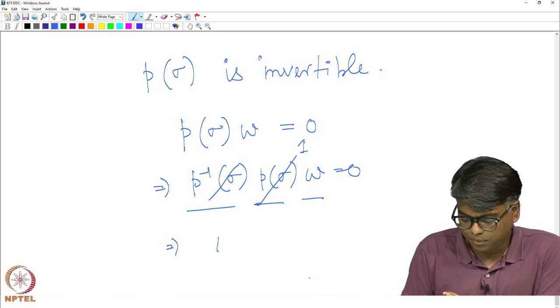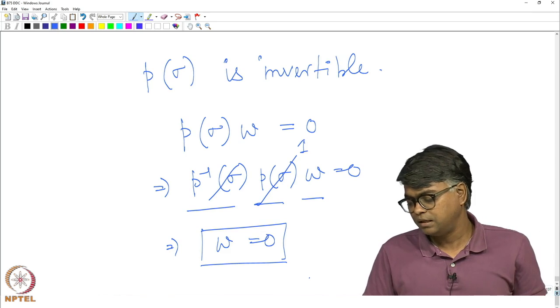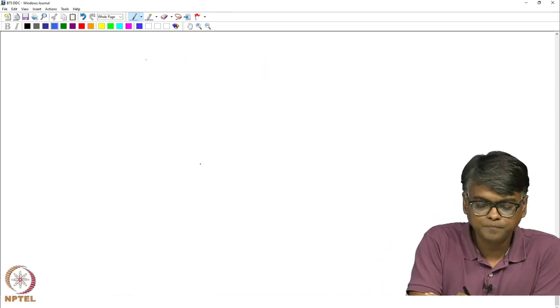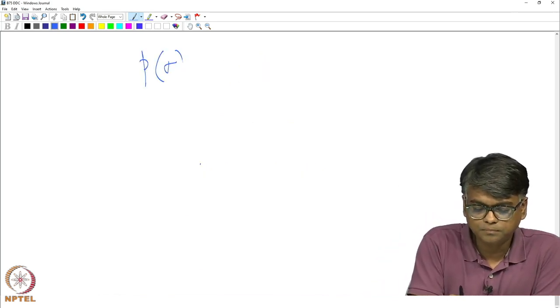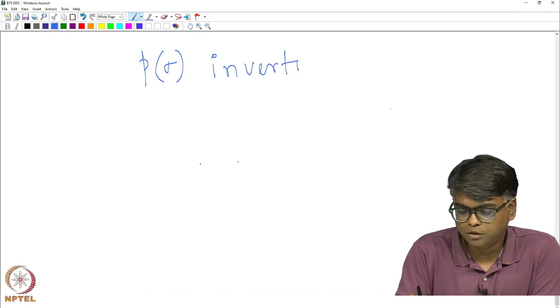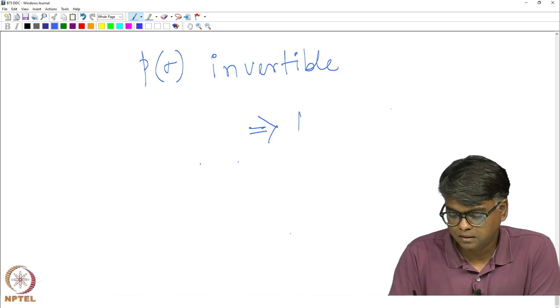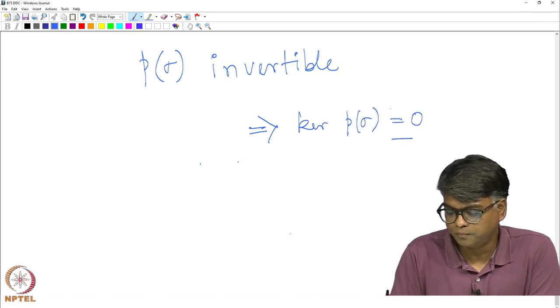So that means w is equal to 0. No wonder that if an operator P sigma is invertible, it implies that the kernel of P sigma is equal to 0.